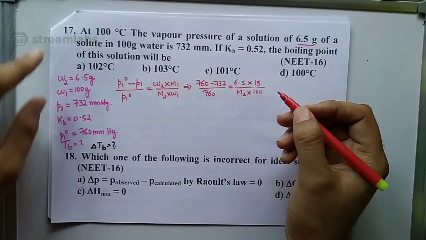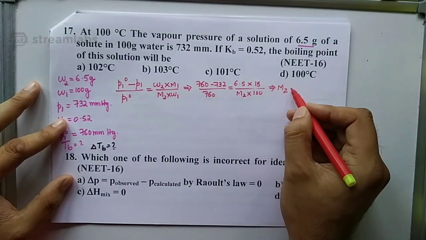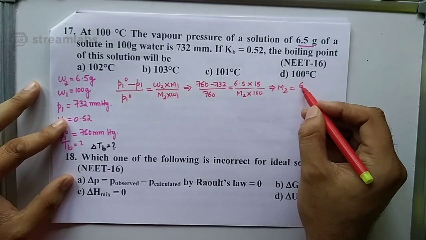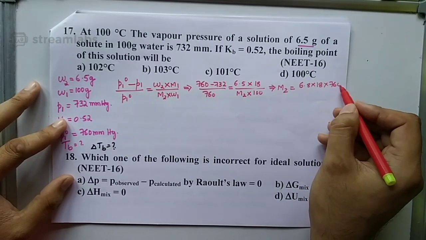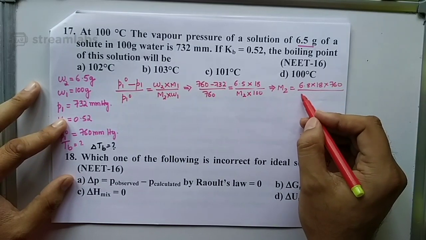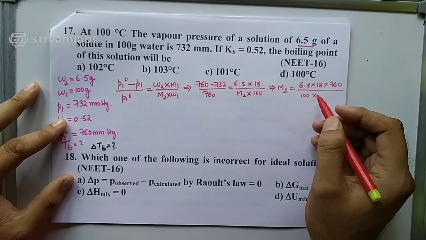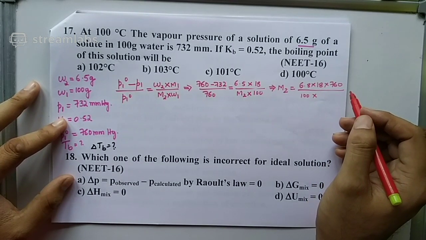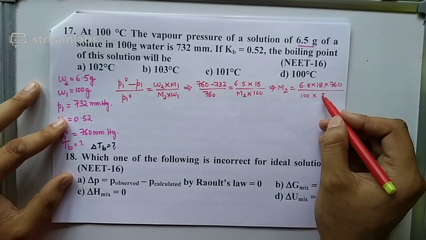This implies M2 will be equal to 6.8 into 18 multiplied by 760 divided by 100 multiplied by (760 minus 732), which is nothing but 28.